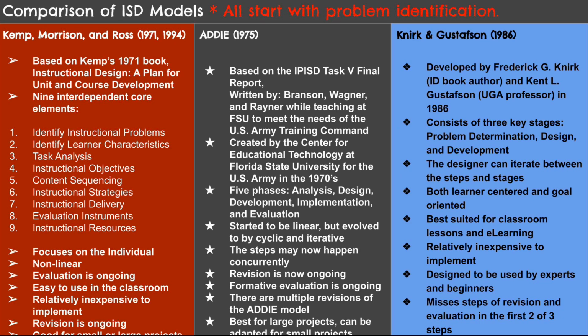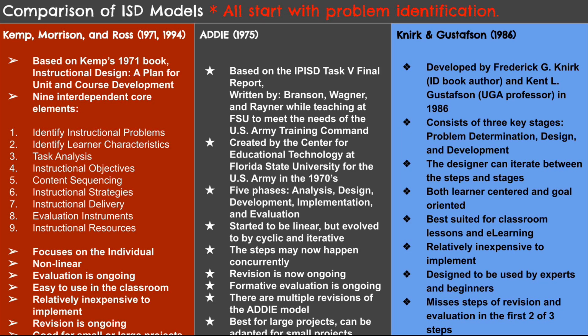The ADDIE model was based on the IPISD Task 5 final report written by Branson, Wagner, and Rayner while they were teaching at FSU to meet the needs of the U.S. Army Training Command Center. ADDIE was created by the Center for Educational Technology at Florida State University for the U.S. Army in the 1970s.